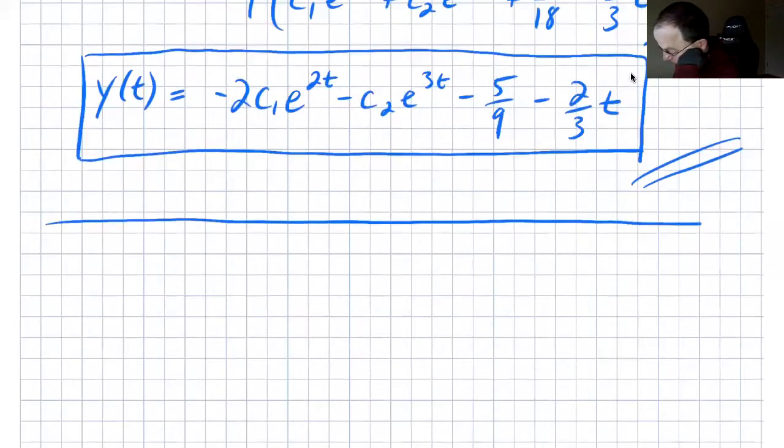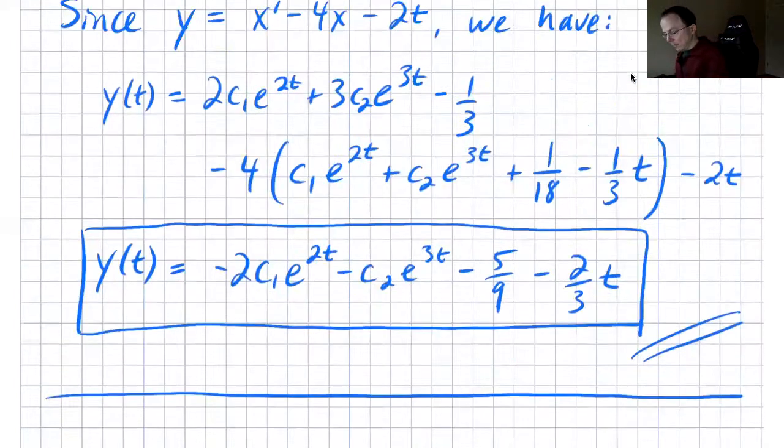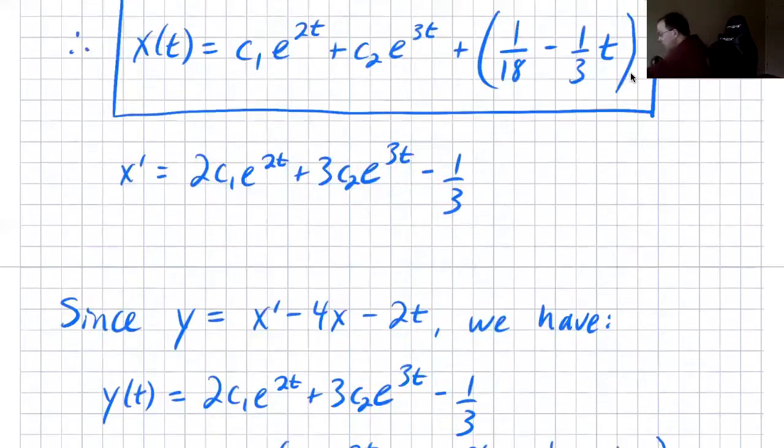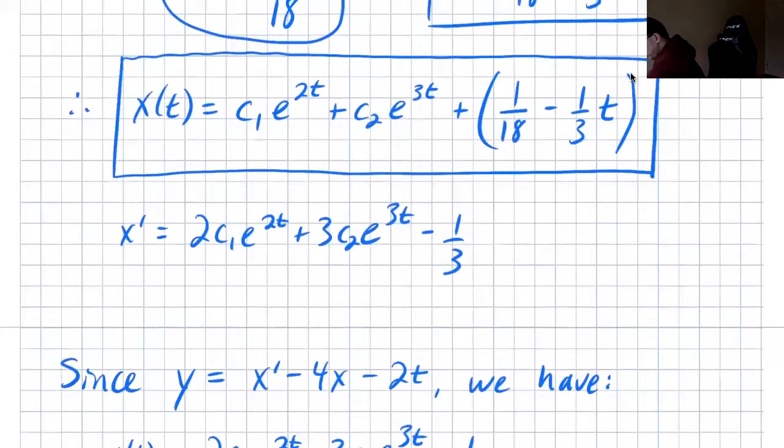And we can check if this is the answer in the back for this problem number 7. Okay, so they're using A1 and A2 instead of C1 and C2, but otherwise it's exactly that for x of t.